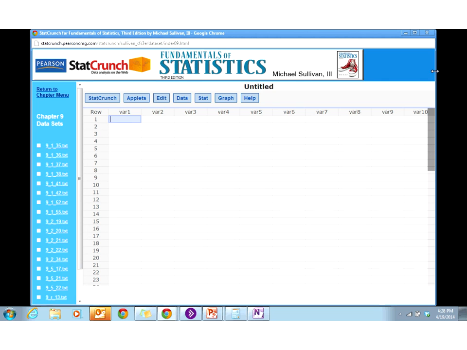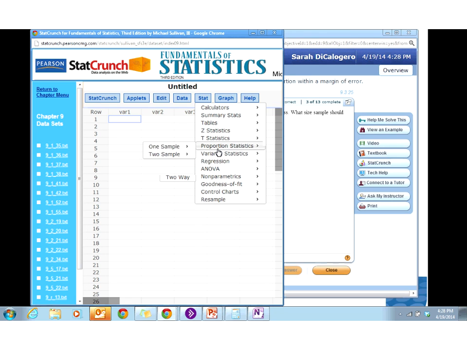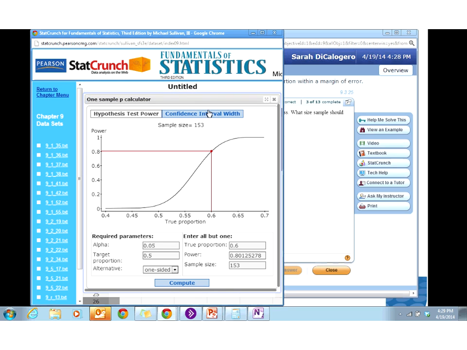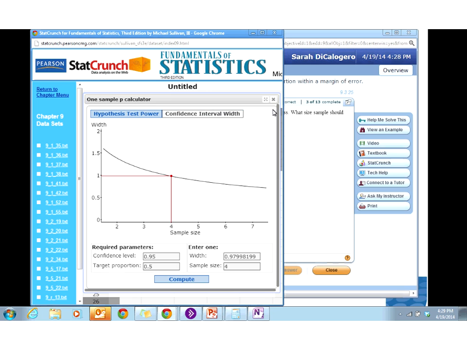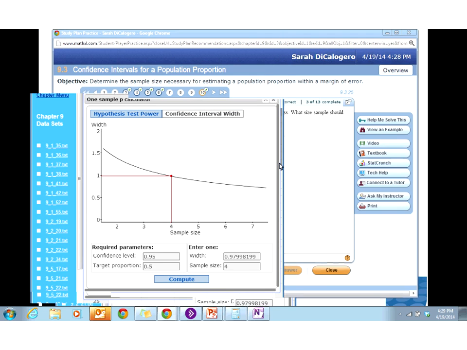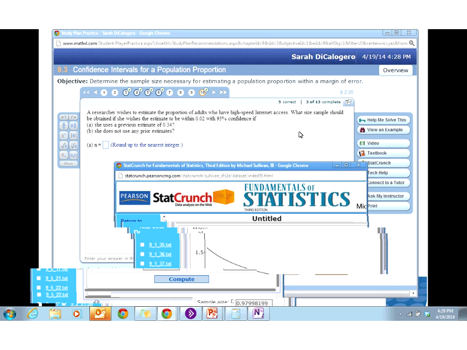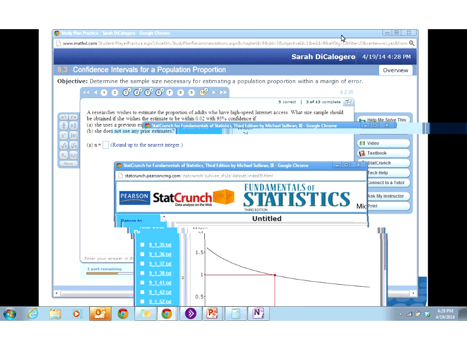So we get to StatCrunch, stat, proportion, one sample, power sample size. Make sure you clicked on confidence interval width. And again, the confidence level is 95%. It's already in there.